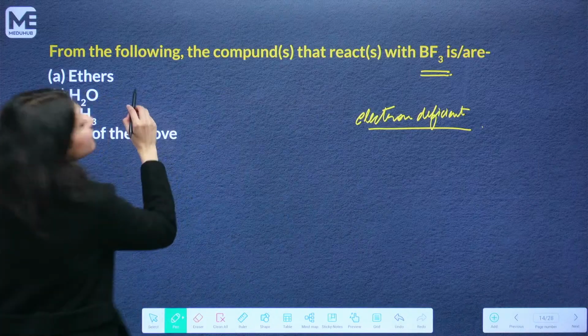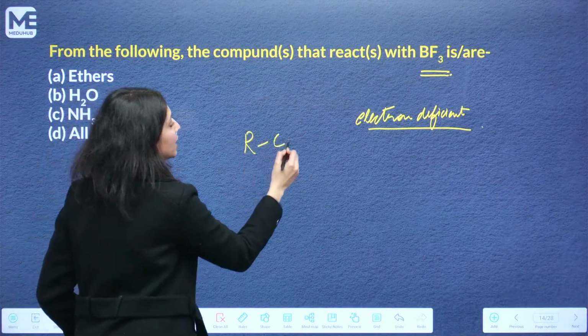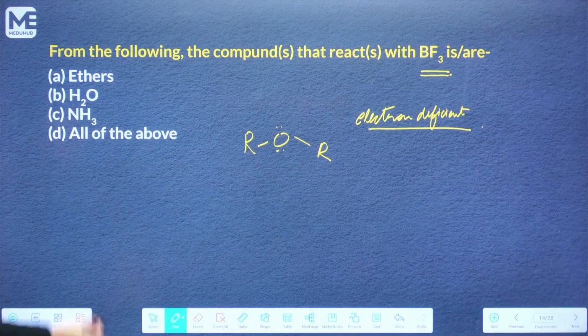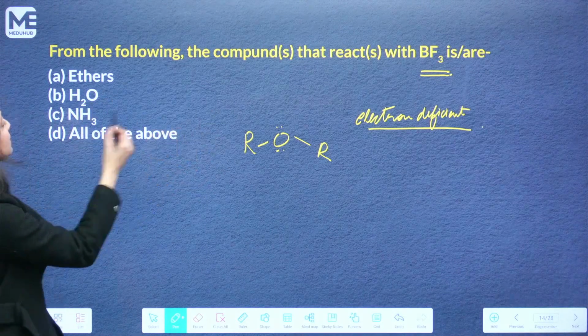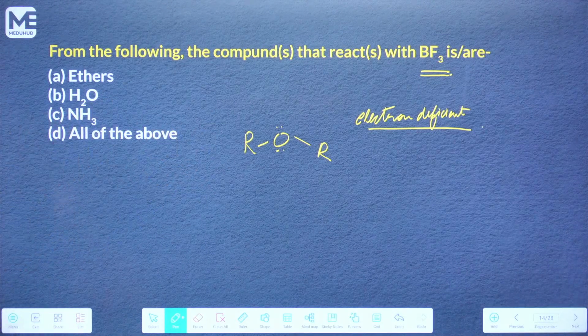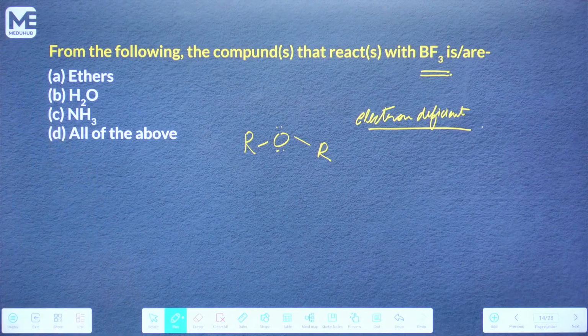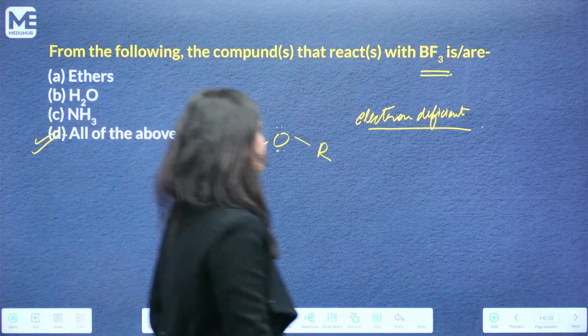Can ethers give a pair of electrons? Yes, because ethers have the formula ROR, so oxygen has 2 lone pairs. It can donate. H2O also has lone pairs which can be donated, and NH3 ammonia also has lone pairs. So the answer is D, all of the above, because BF3 is electron deficient.